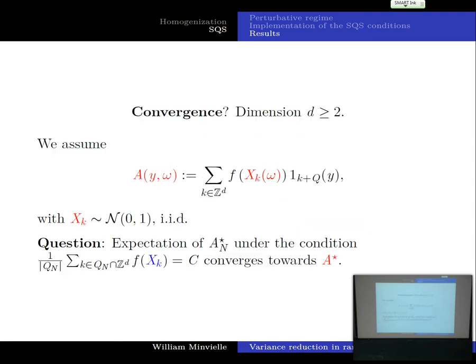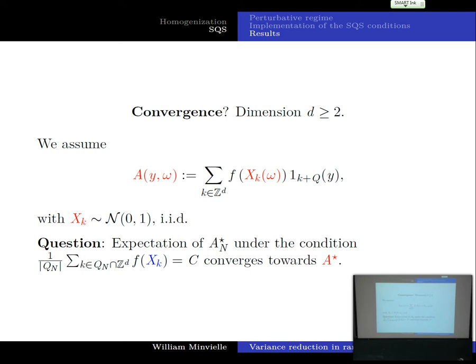So let's try to see what happens in a higher dimension. Let's assume that, for instance, A is reparameterized as a function F of X times the indicator of the cell, and I will assume X to be a Gaussian random variable.